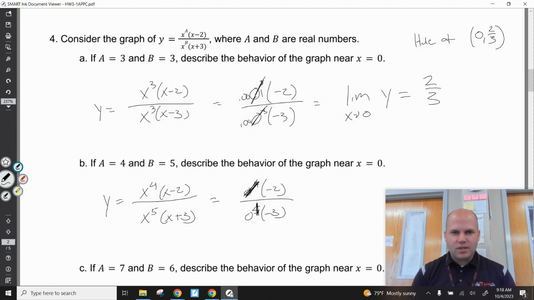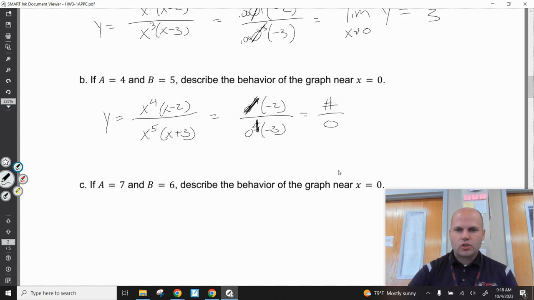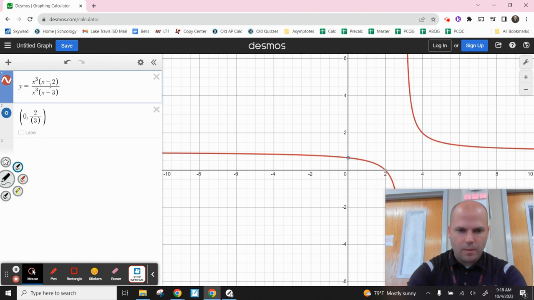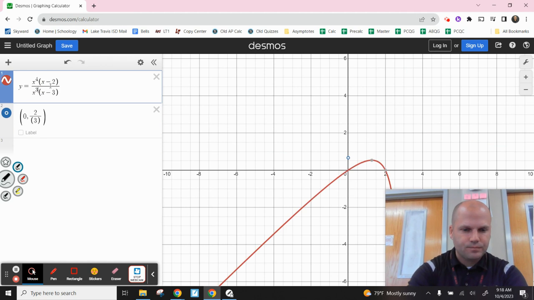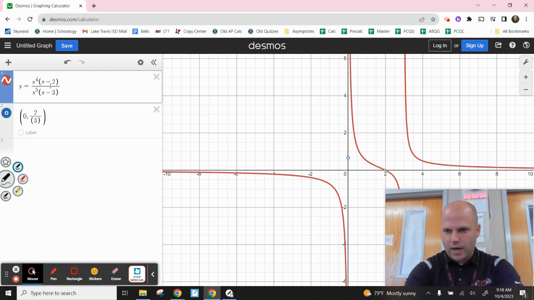What happens is when I plug in 0, I'm ending up with like -2 over 0. I'm ending up with a number over 0. So what happens is we are talking about a situation where we have a vertical asymptote. So having like more zeros in the denominator than the numerator will develop us into getting a vertical asymptote. Confirming this, if I plugged in 4 and 5, we see now we have a vertical asymptote at 0. We don't have a hole at 0.